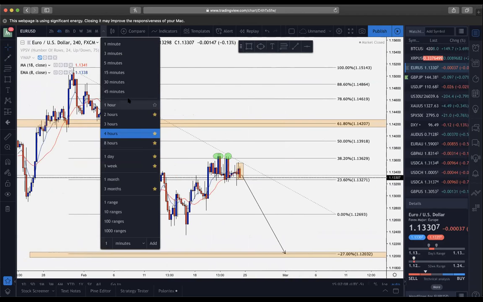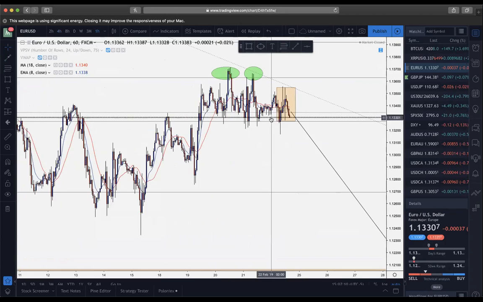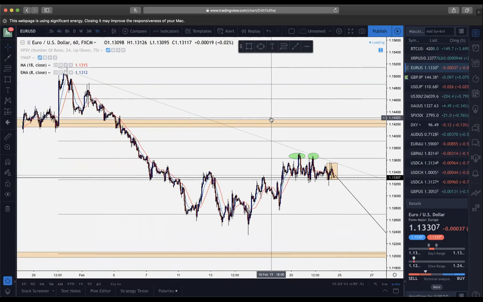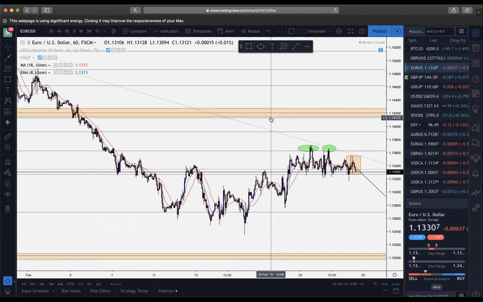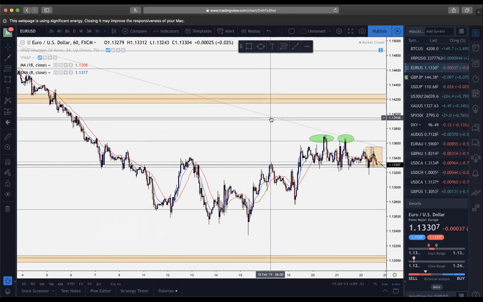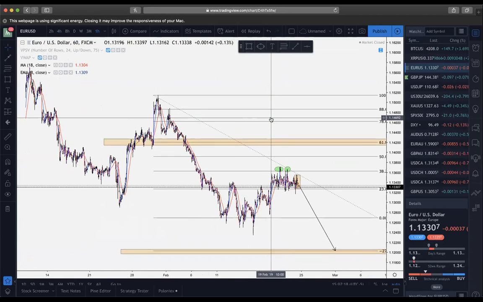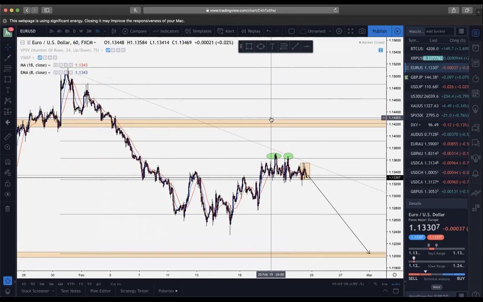We can go down to like the 1 hour. And we can see if anything has broken to an uptrend on this lower time frame.